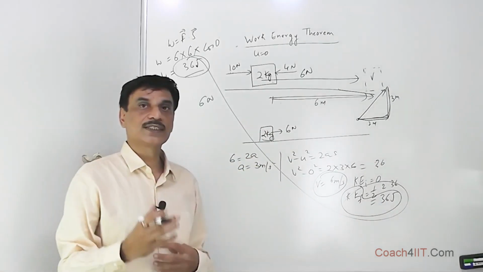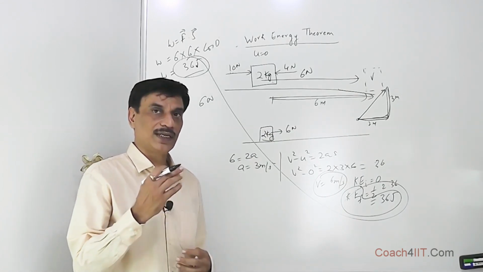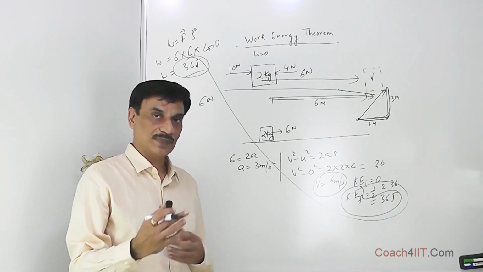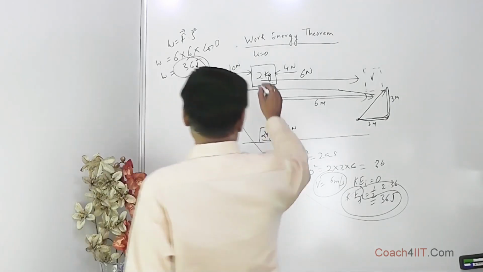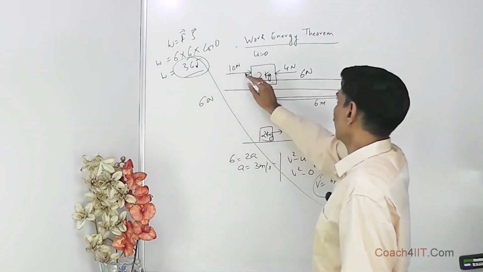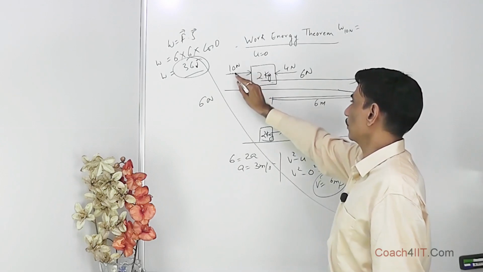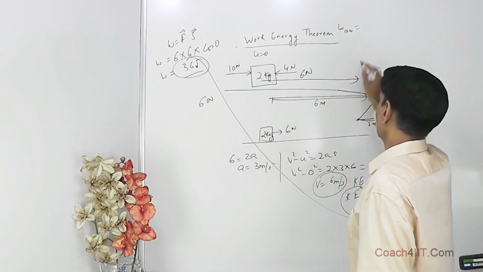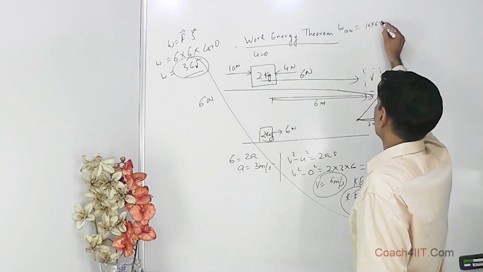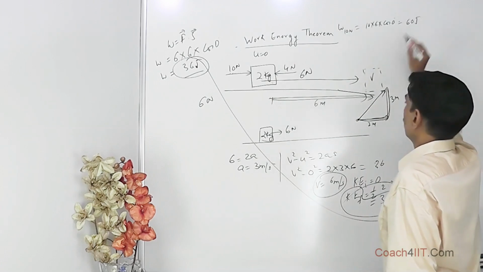Now, work is a scalar quantity. Let's see whether we can algebraically add or subtract it in the simple manner we have been doing. The work of the 10 Newton force: 10 Newton is applied in this direction, and the 6 meter displacement is also in this direction. So it is 10 into 6 into cos 0, that is 60 joule.